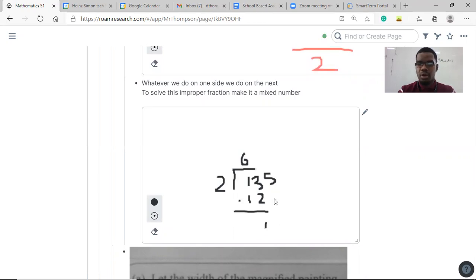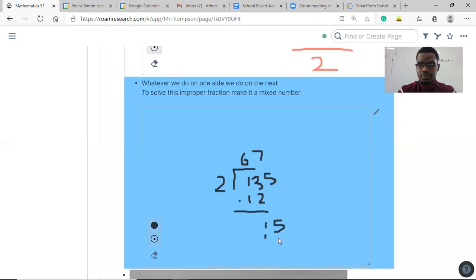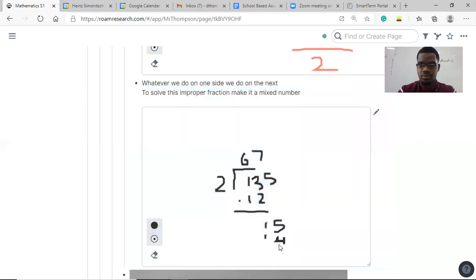Then we're gonna bring down the 5. Then we're gonna say 2 into 15. Right? That goes how many times? 7 times. Right? 2 times 7 is 14. Okay, remainder 1. But you can't have 2 into 1. 2 into 1 goes no times.